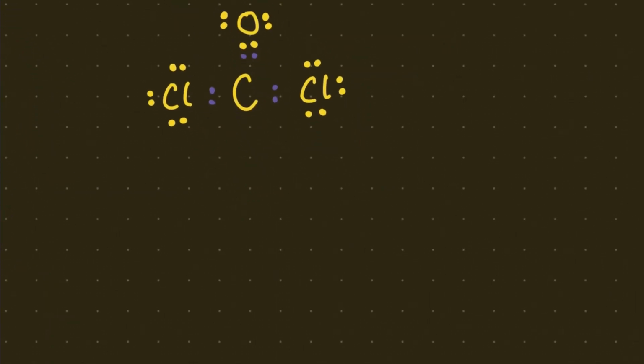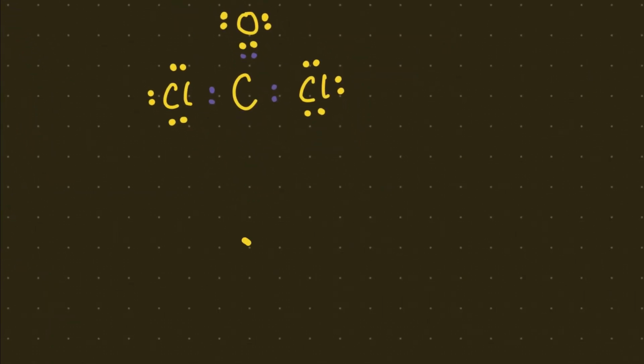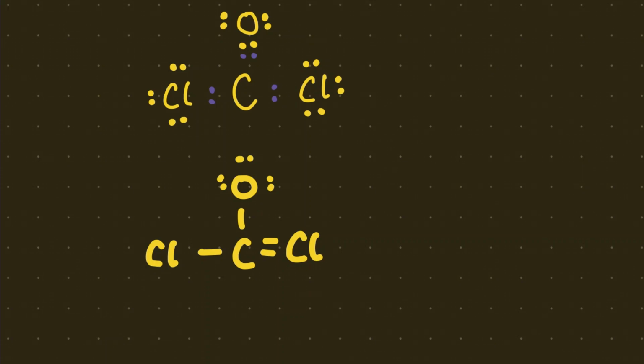Now, if you were drawing your Lewis structure and you decided that you wanted to give one of the Cl's the double bond, would that be correct? I know you're probably wondering. Technically, no, but also technically yes.